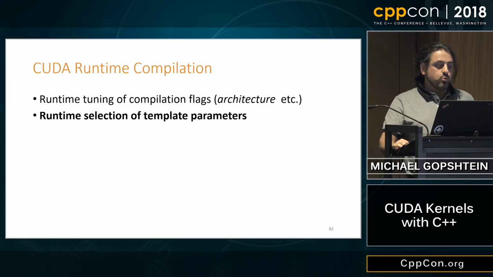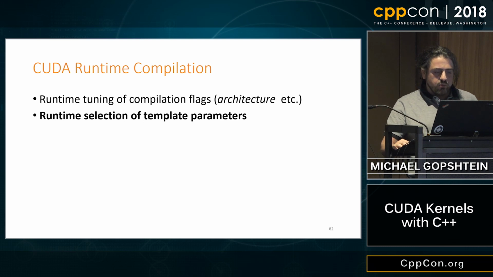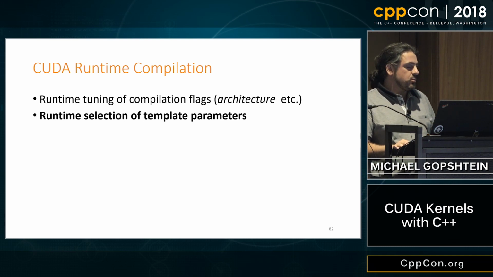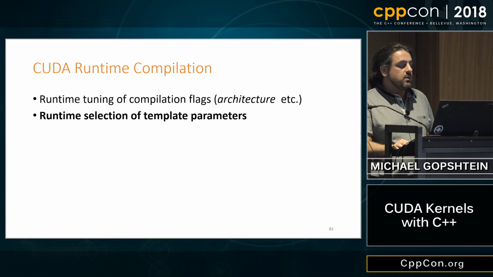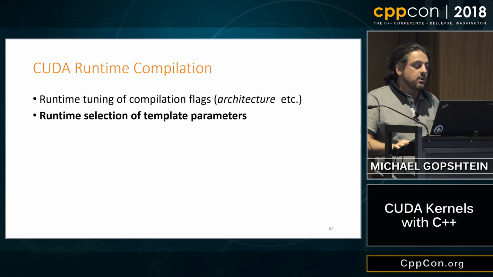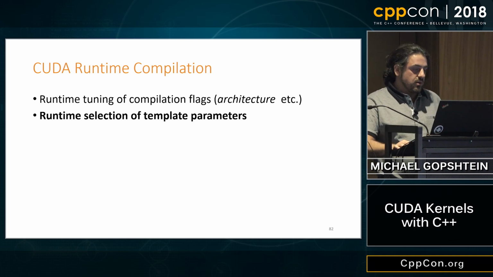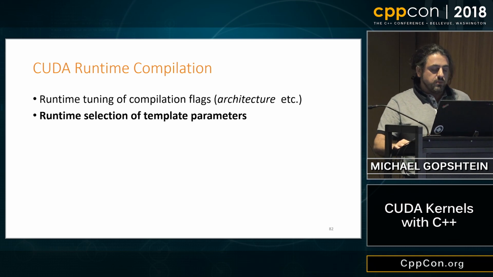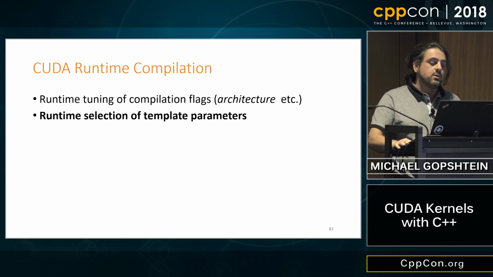The other feature of CUDA is CUDA Runtime Compilation. And if you have been to the previous talk, I talked about runtime compilation of C++. So with CUDA, it's part of the package. It's supported out of the box. And it has a number of advantages, like a clear advantage that you can tune your compilation flags based on the real environment.